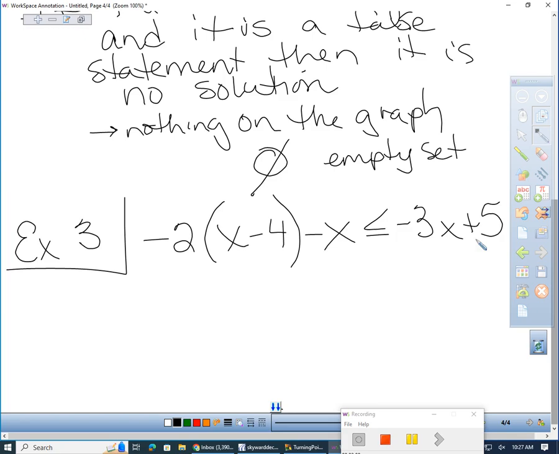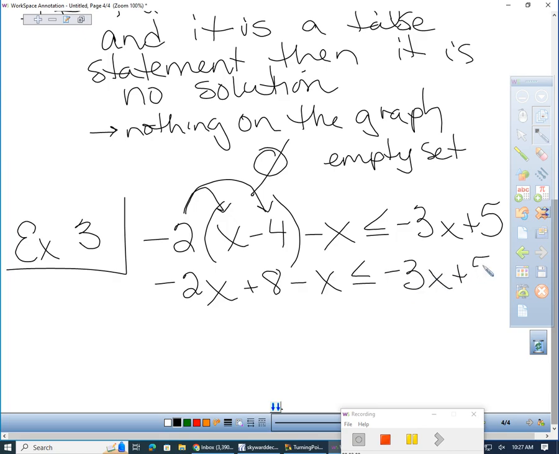All right, so we have to do the distributive property first. There's a parenthesis up there. Negative 2 times x is negative 2x. Negative 2 times negative 4 is positive 8. To the end of the parenthesis, I'm done distributing. Bring down minus x is less than or equal to negative 3x plus 5.